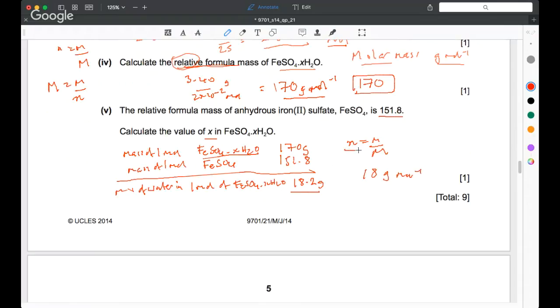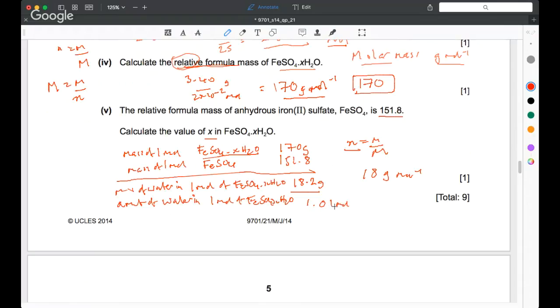And so to get the amount of water, you've got to divide 18.2 grams by 18 grams per mole. And that gives you the amount of water, the number of moles of water in 1 mole of the substance. You do that calculation, it comes out as 1.01 moles.